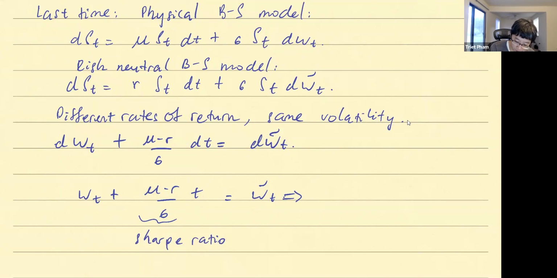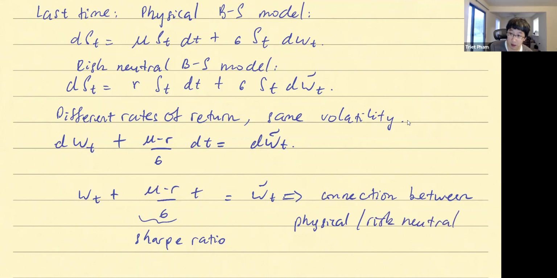And it will play a role in deciding whether a risk neutral probability exists, as we'll show.